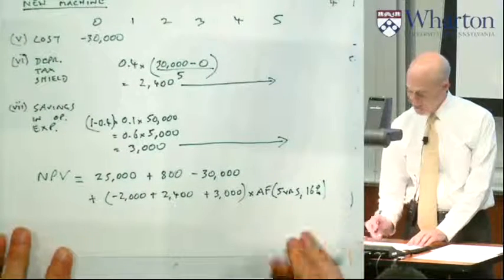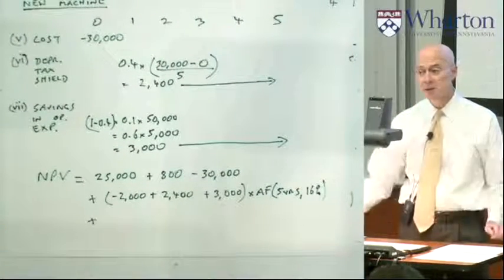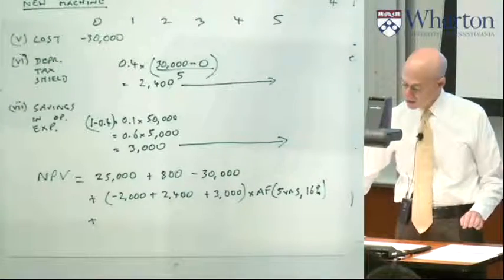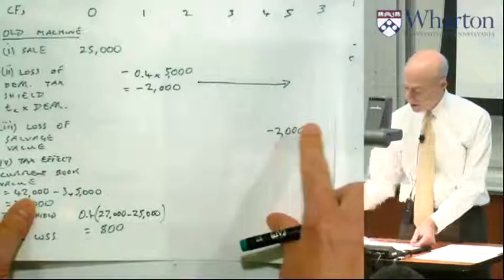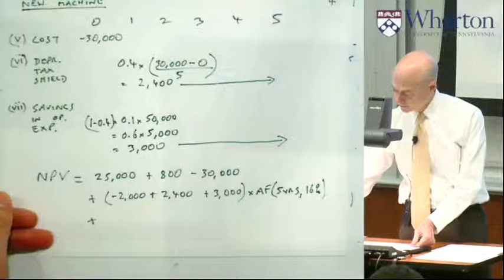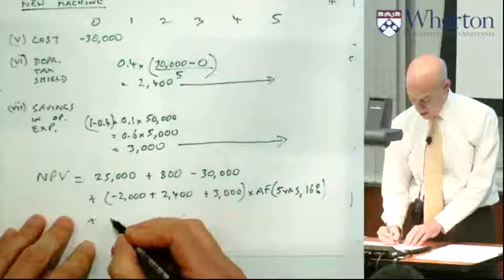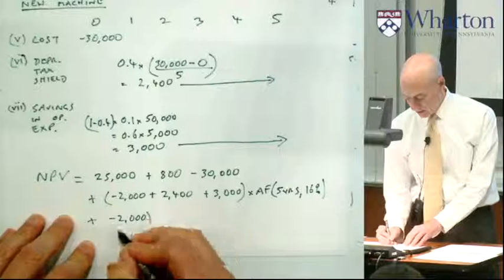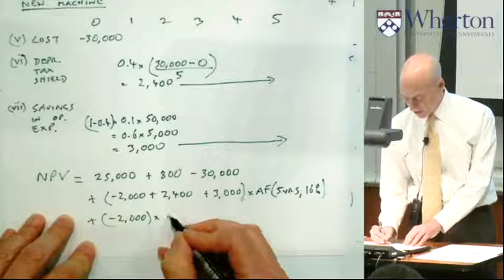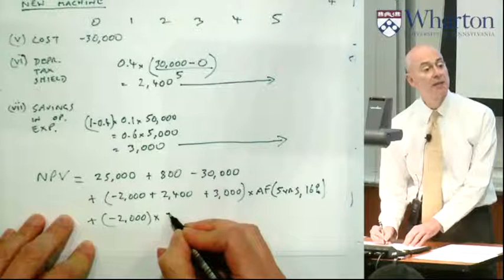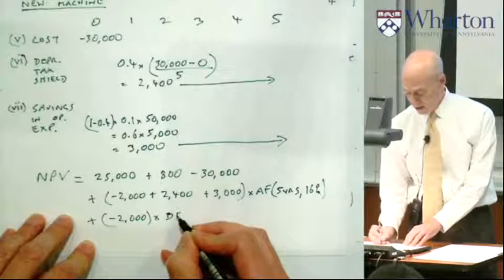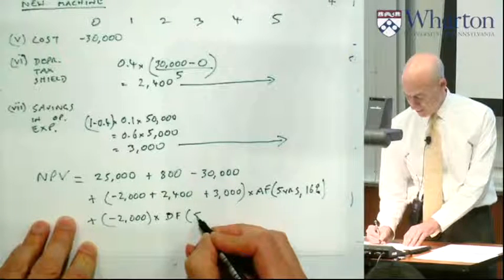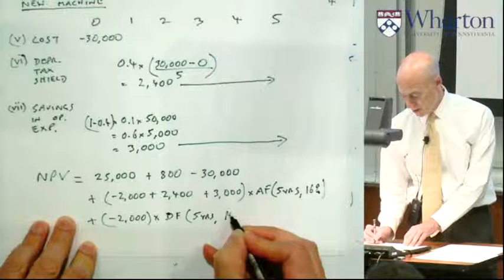We have 1 cash flow remaining, which is what? That's the salvage value, the 2,000. We lose that, and then we multiply it by what kind of factor? Discount factor. 5 years, that's 16%.